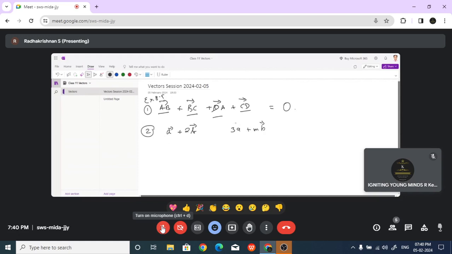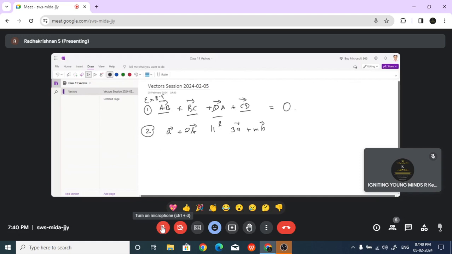Now these two vectors are given as parallel. So find the value of M. Initially there are very simple questions. As you go further down, there are harder questions. These are fairly easy questions.